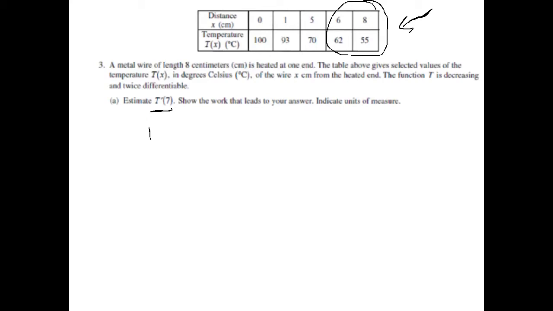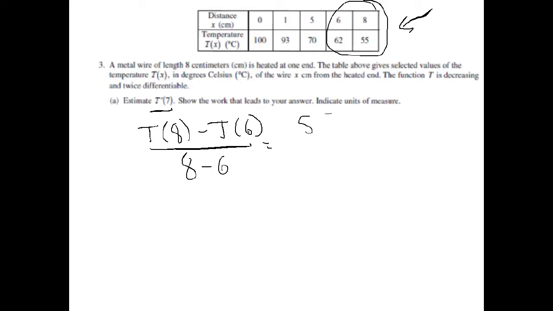So what I'm going to do is T of 8 minus T of 6 over 8 minus 6, which is equal to 55 minus 62 over 2, which is equal to negative 7 over 2.